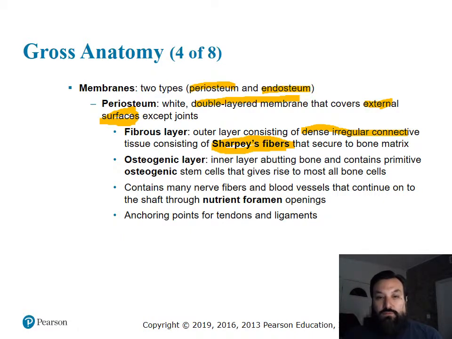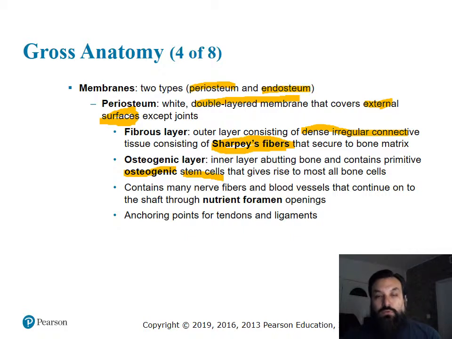So we have that fibrous layer, and then we also have an inner layer we call the osteogenic layer. When we use the word osteogenic, osteo means bone, and genic comes from genesis, which means make. So what this word means is making bone, which is a really important thing to do. In fact, we've got osteogenic stem cells. And what do stem cells usually do?